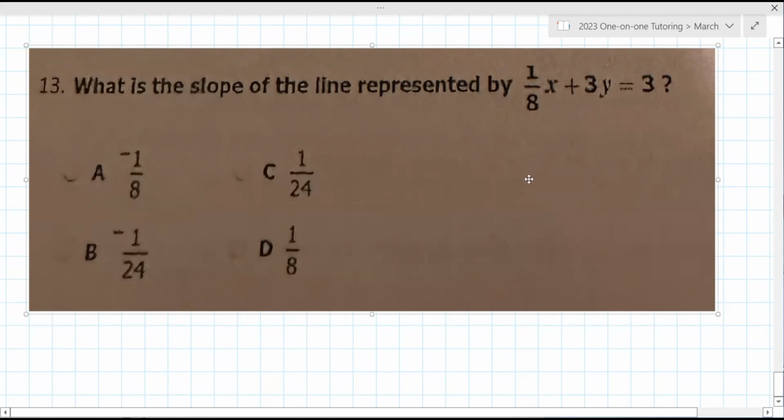Let me know if you need some help on that. This feels like something you probably have seen before, so give that a shot. I got B. That is correct.